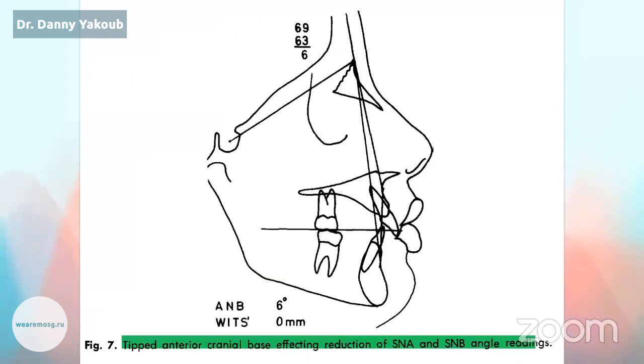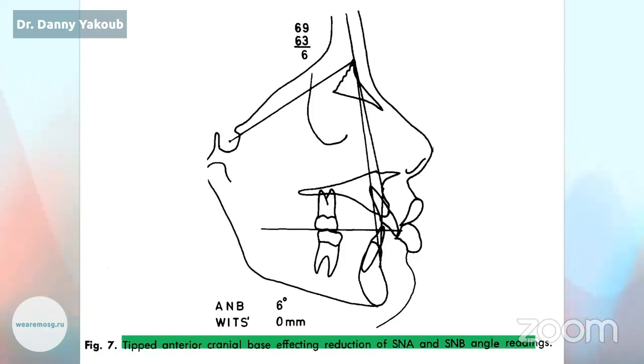Another factor that we should consider is the SN plane tipping. If we have a tipped anterior cranial base, this will affect the SNA and the SNB angles. So here we have a tipped SN plane.